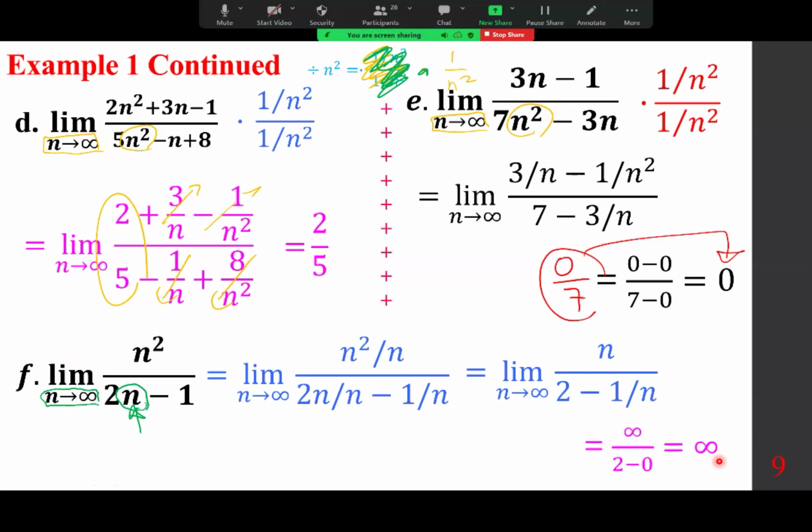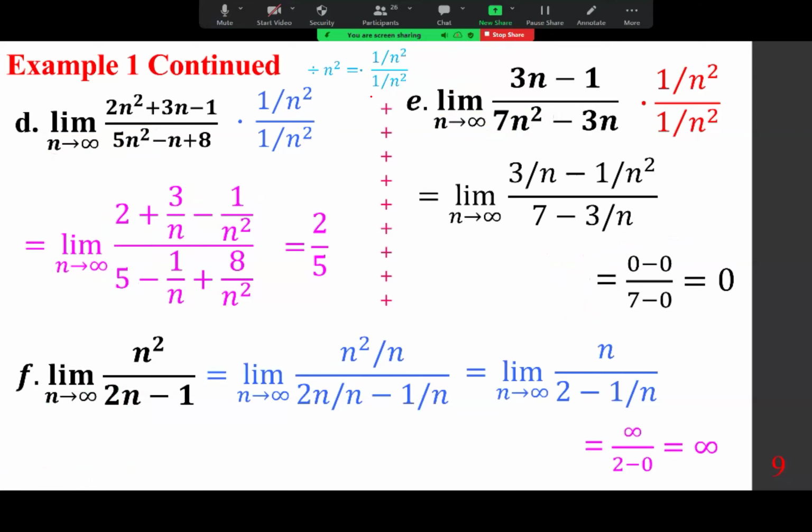What I want to explain is this. Infinity divided by any positive number is infinity. It doesn't matter whether you divide by 10, 5, 5,000, or 1 billion, it is infinity.